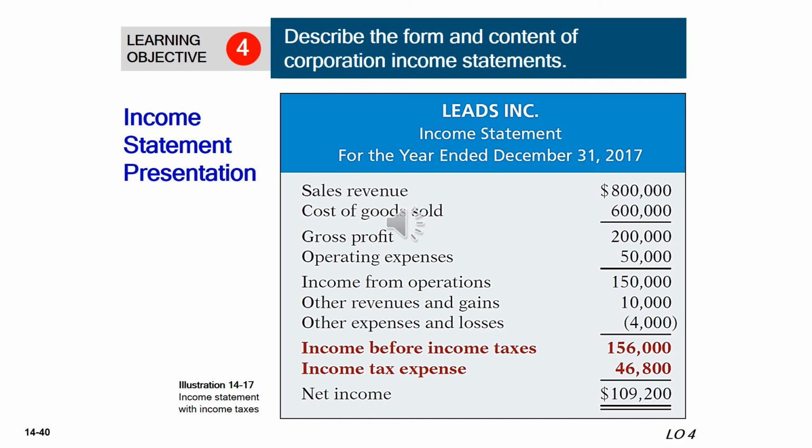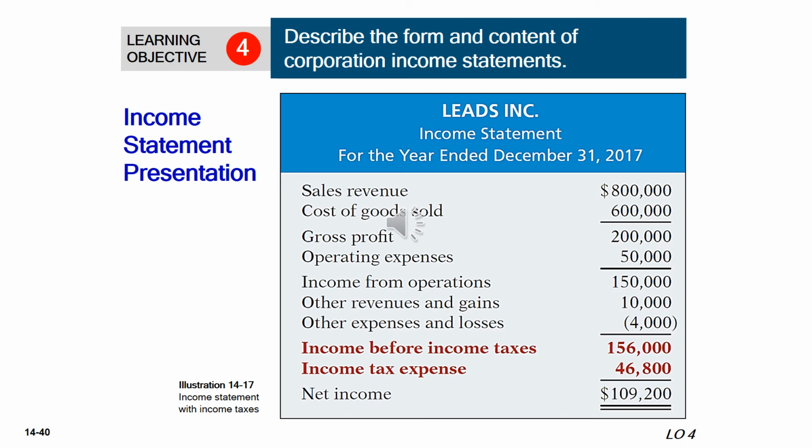Now, if the company has any other revenues or any other gains, we add that, in this case 10,000. And if they have any other expenses and losses, we're going to subtract them. In this case, we have 4,000 of other expenses and losses, so we're going to deduct that. And all of this is going to give us the income before income taxes of 156,000.